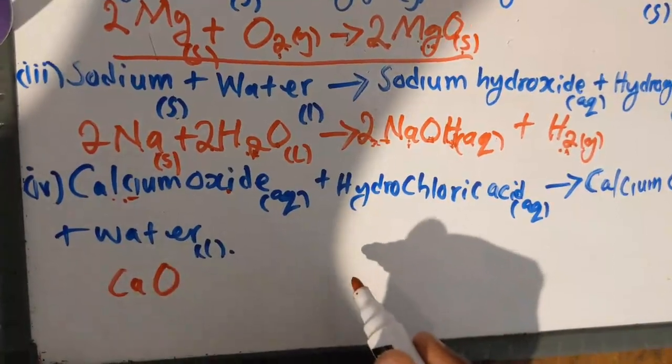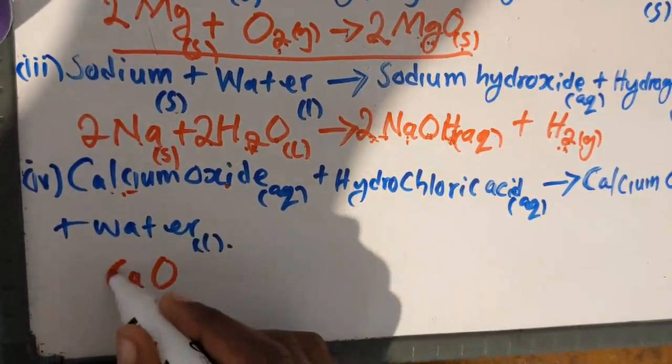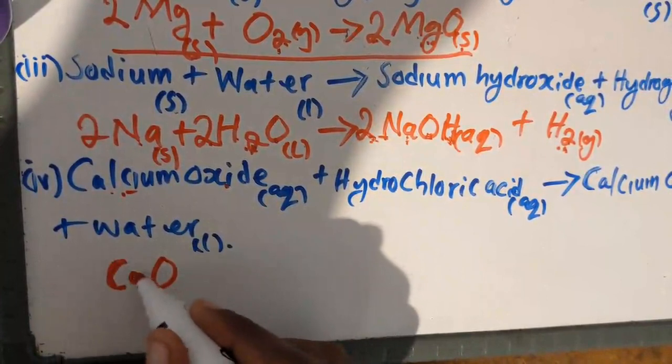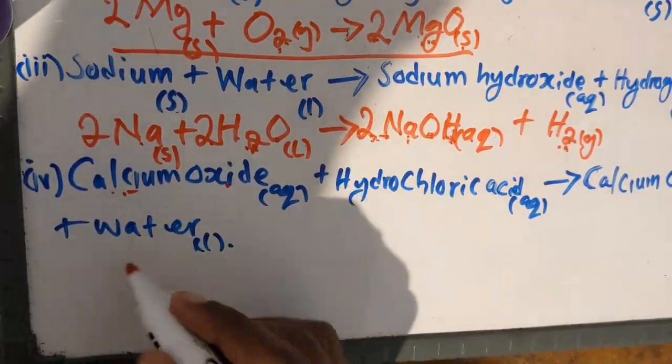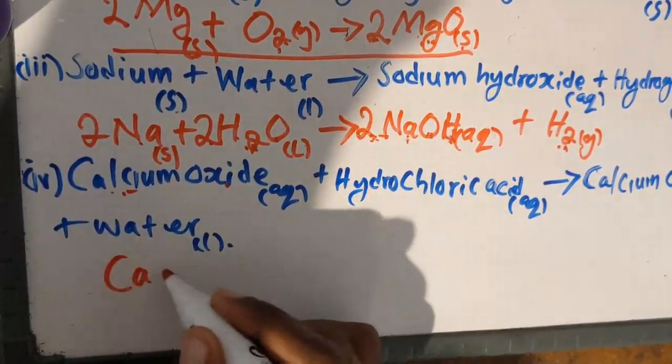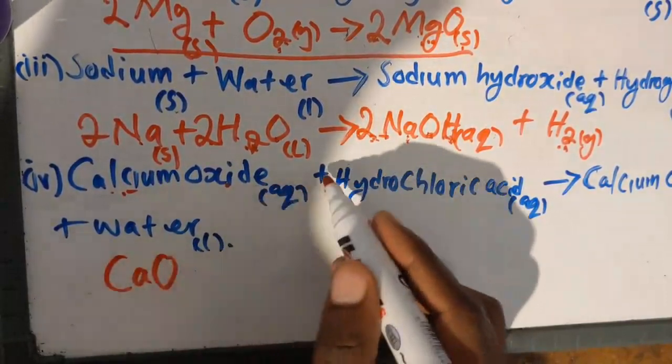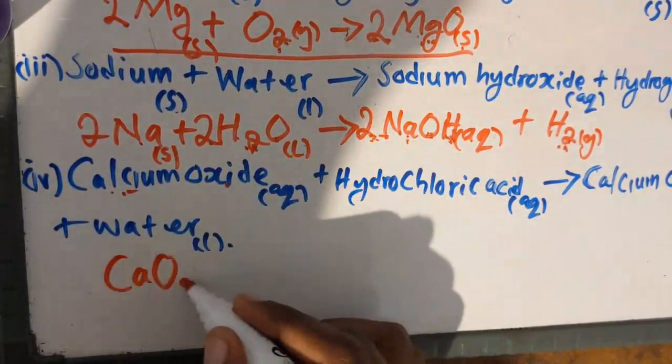So this is what you should be doing. You should just be solving it from your head. That is what we are supposed to do. So this is calcium oxide, then there's plus here, so this is in aqueous state.